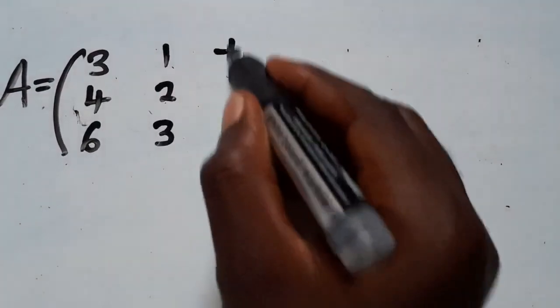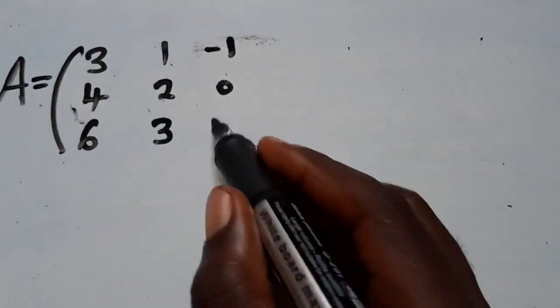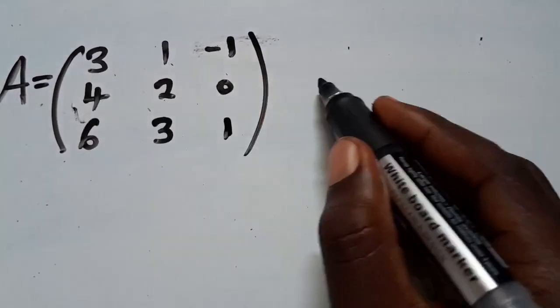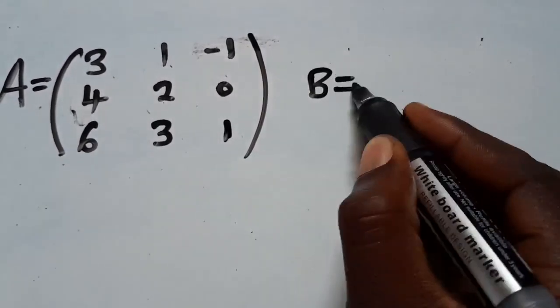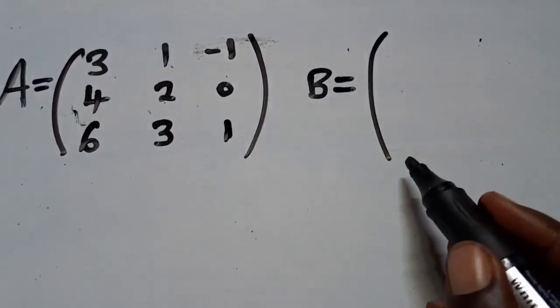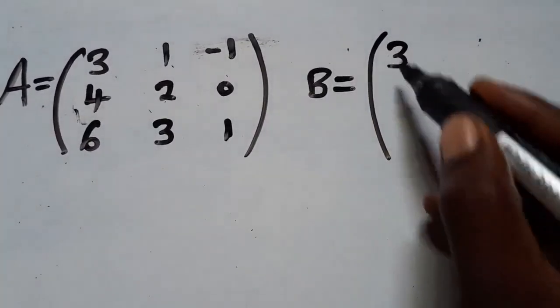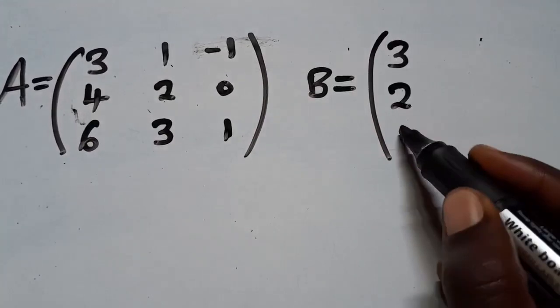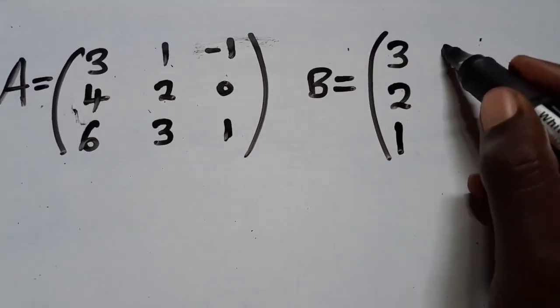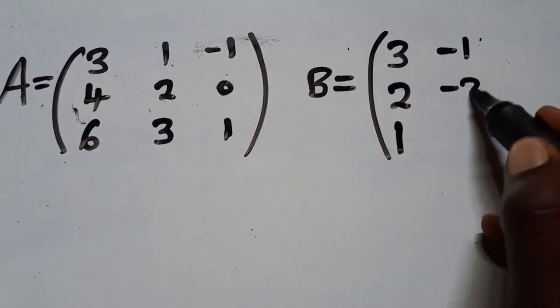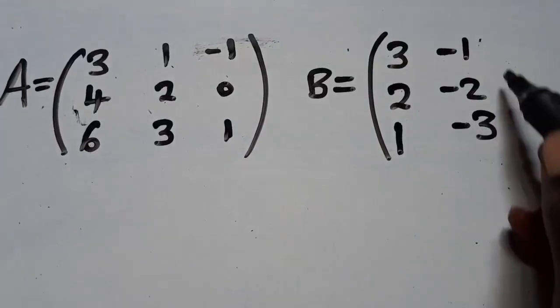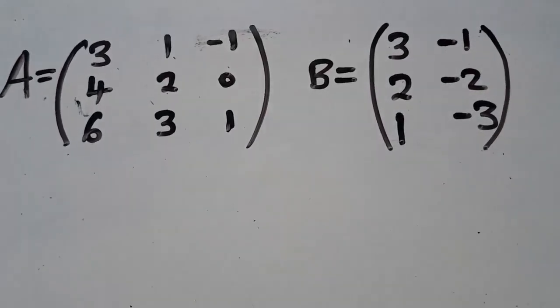Then we add -1, -1, 0, and 1, like this. We also have B. B was equal to 3, 2, 1, -1, -2, -3. B was equal to that.